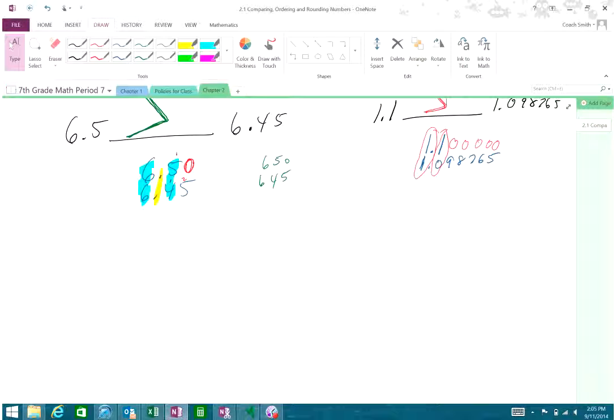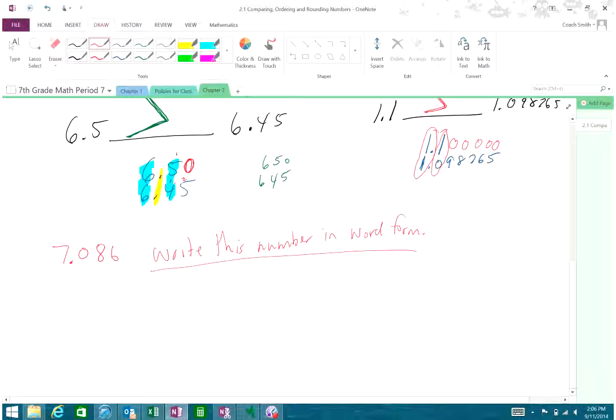Now, let's look at this number. How do we write this number in word form? How do we write that number in word form? Tayshawn. Thousands, yeah, but you got to finish out the number. Yes, that is what the last place value is, thousandths.